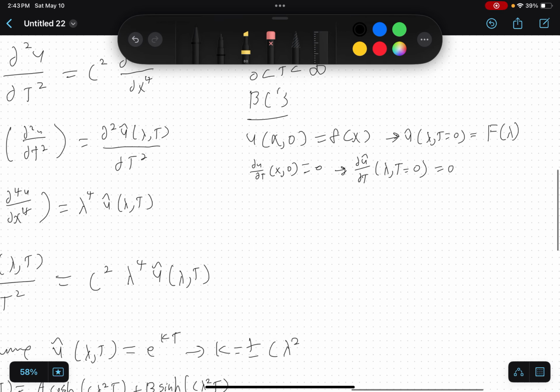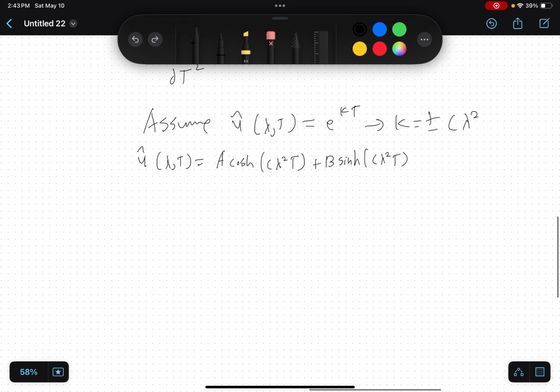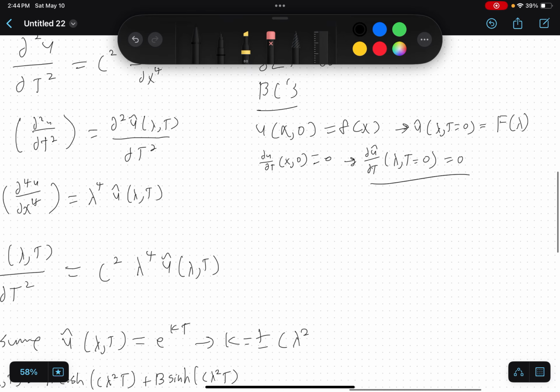There you go. Now we got to take the derivative. We plug in the boundary condition.